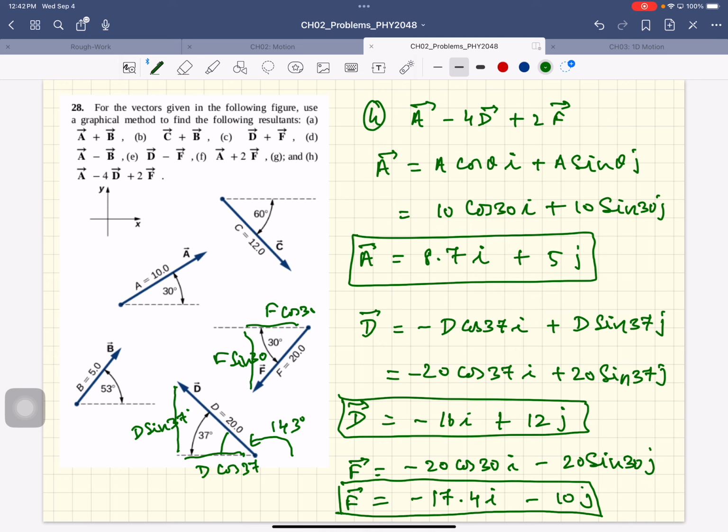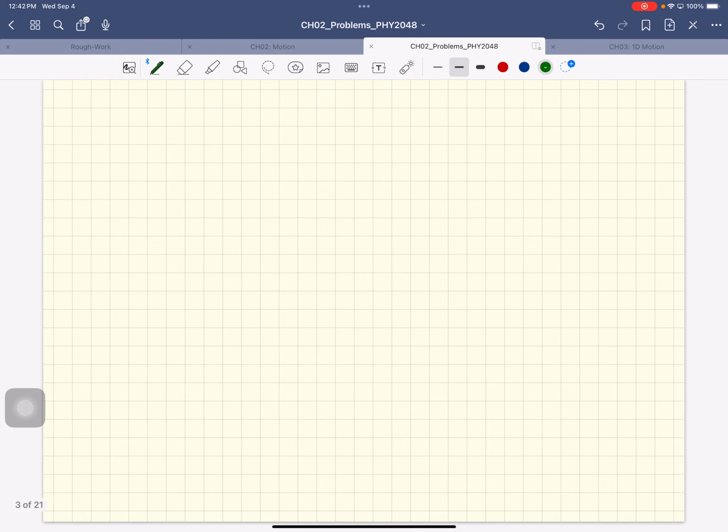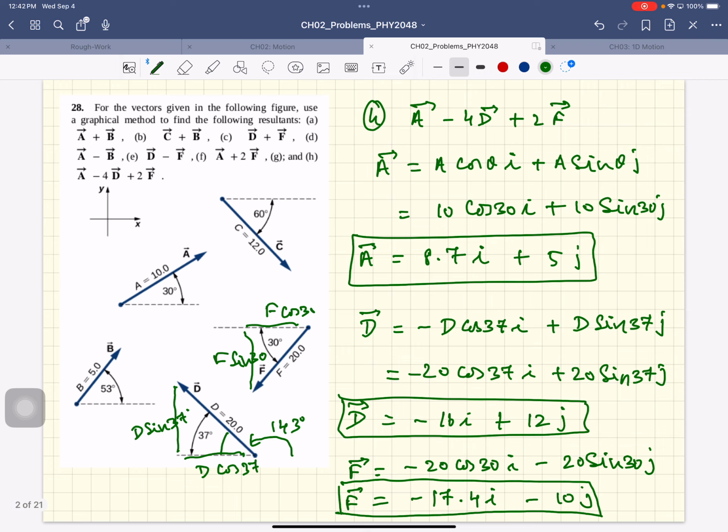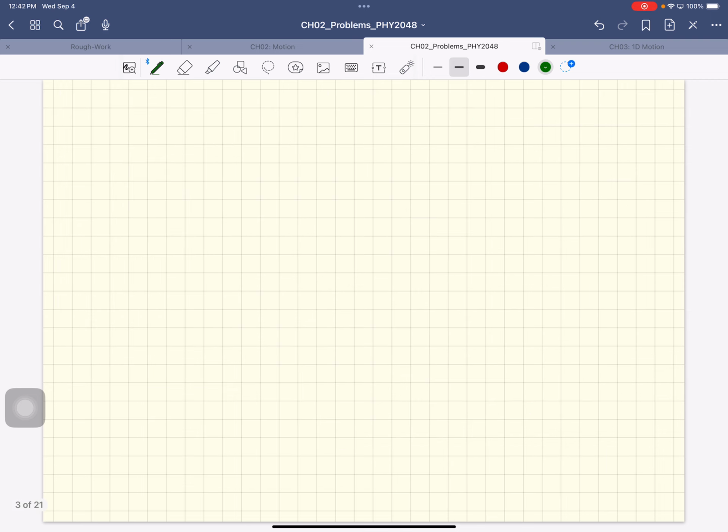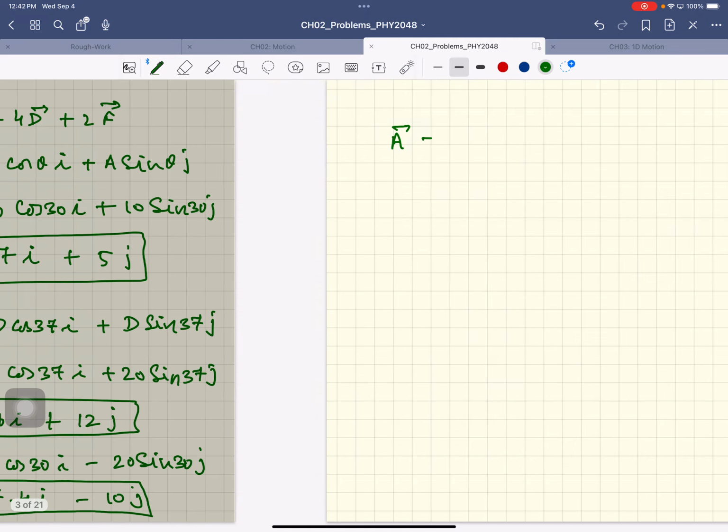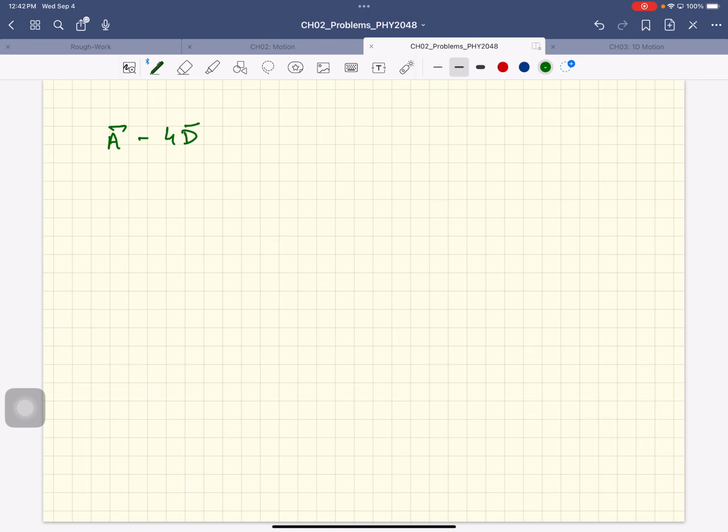Now that we have components, you can do anything you want. It's very easy. It's just plain algebra. What we want to find is A minus 4D plus 2F. Let's call that R for the resultant vector.